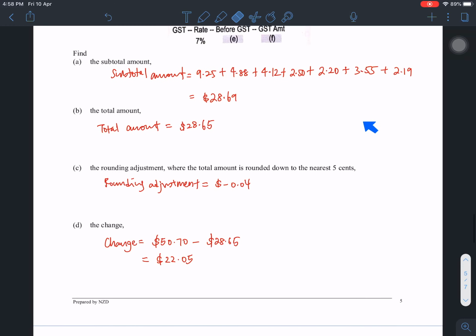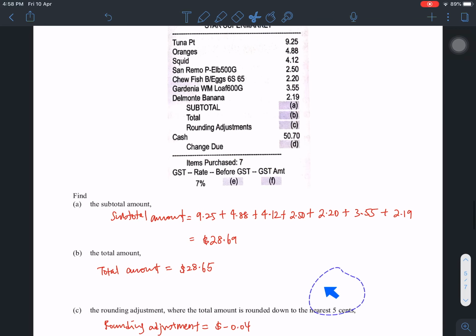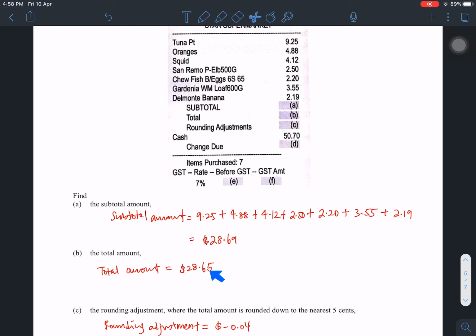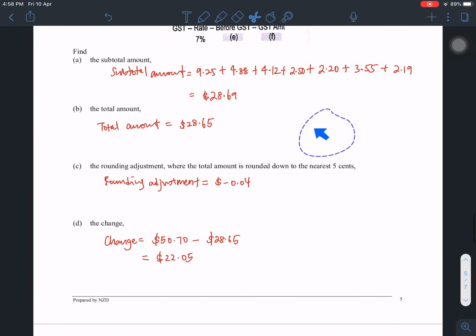Sorry, it would be the difference between the cash and the rounded amount, because we want to round it down. Initially, we had this amount and then we round it down, so it must be the final amount. So the cash minus the total amount, sorry. So this would be $22.05.